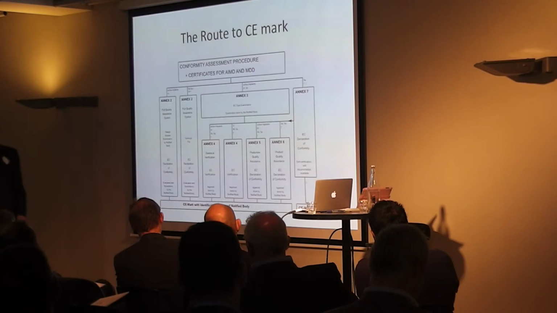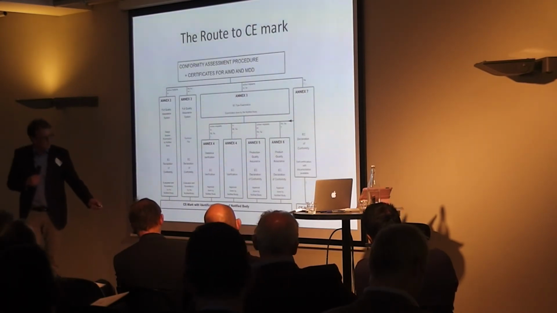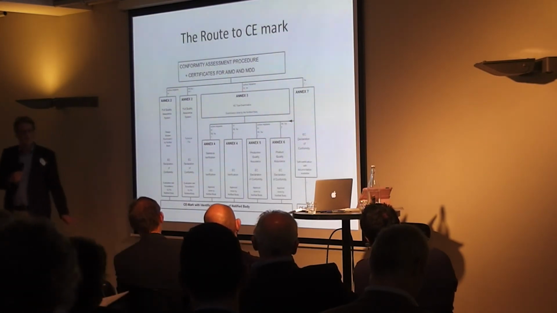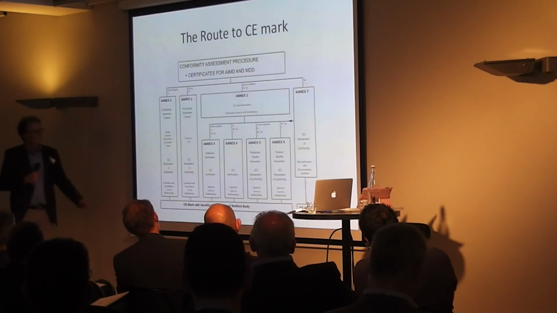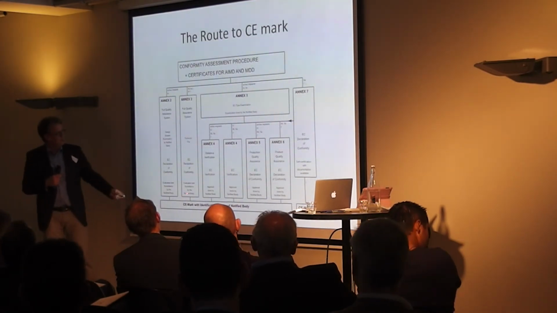That would apply to the low class medical devices. The higher the class, then you see the notified body gets involved, and there are different routes for CE marking there.